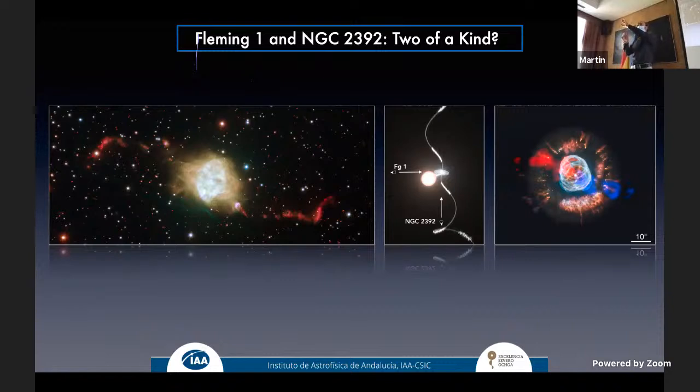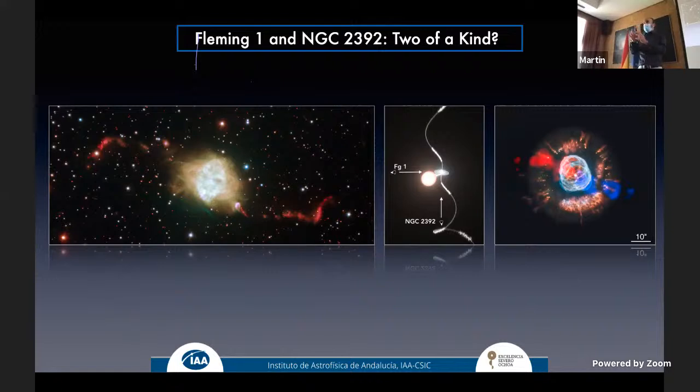So in this horizontal region of the Hertzsprung-Russell diagram that the star is crossing during the post-AGB phase, the star is burning hydrogen on the top of the surface layer, and this hydrogen is going to produce an increase of the mass of the helium layer. So in most of the cases, the helium layer is going to have a small mass and nothing is going to happen. Let's say for maybe 80% of the post-AGB stars, nothing is going to happen.